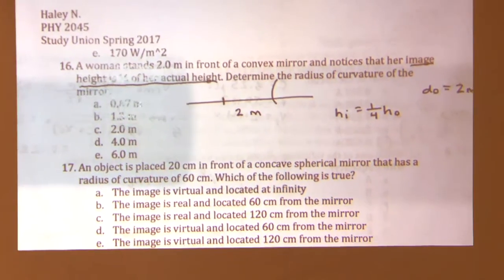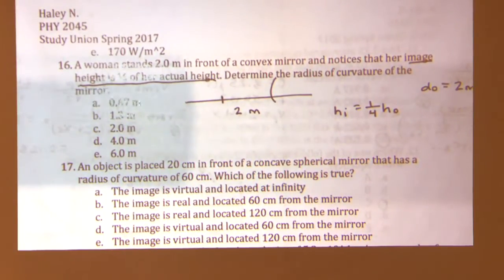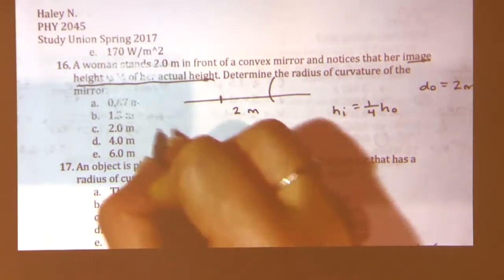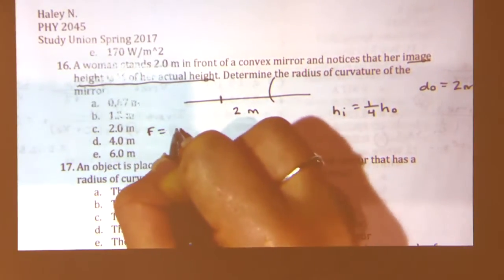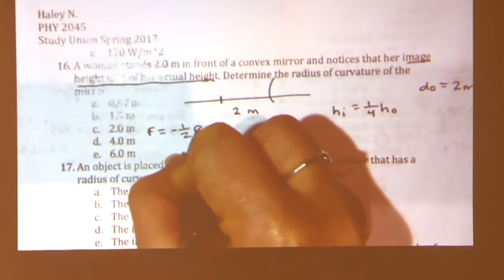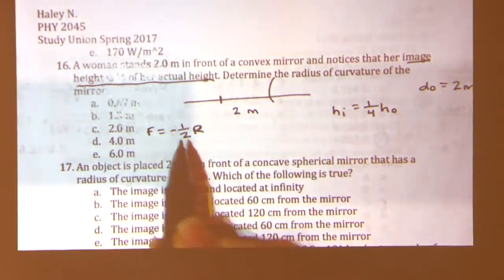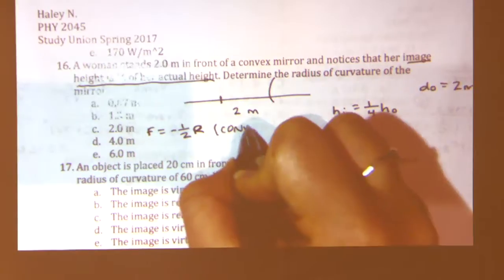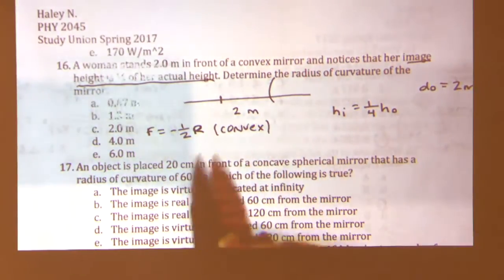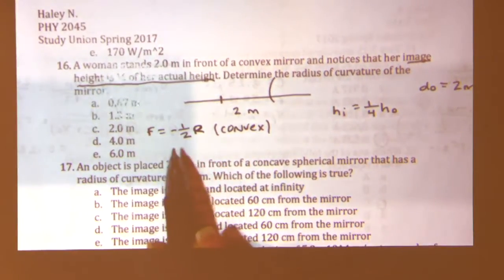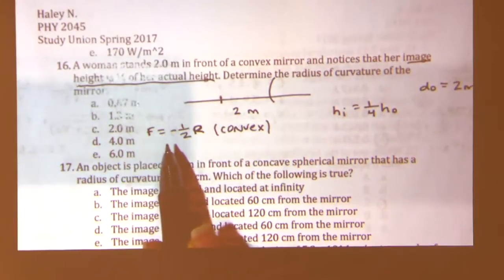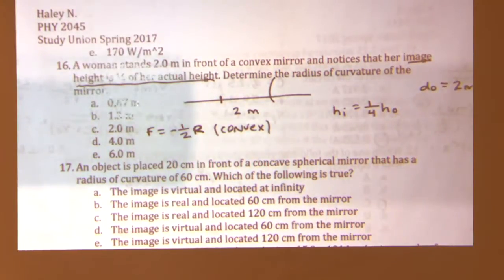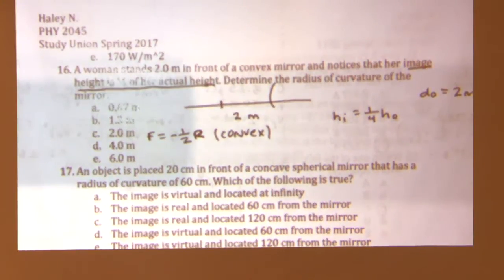And remember that the equation for radius of curvature is F is equal to -1/2 R. So remember, -1/2 R is for convex mirrors. If we had a concave mirror, this would be positive, it wouldn't be negative. So just remember that. Usually concave is positive and convex is negative.